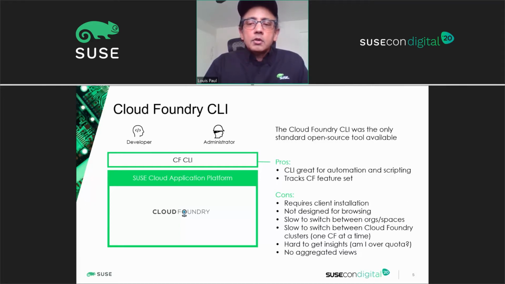So they can track all the feature set that they need, and they can just invoke CLIs and invoke it with the parameters in order to activate those feature sets.